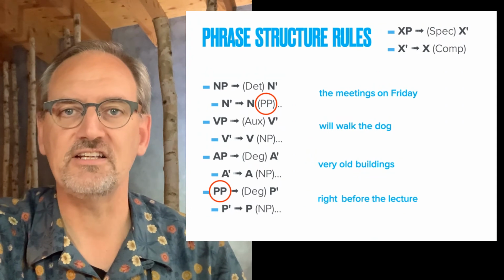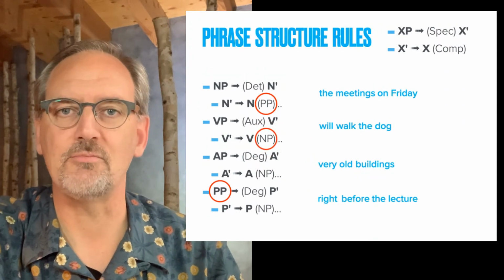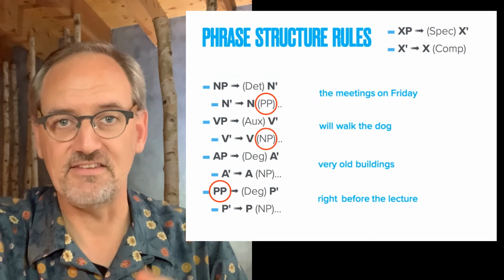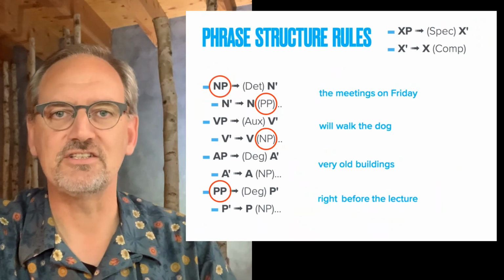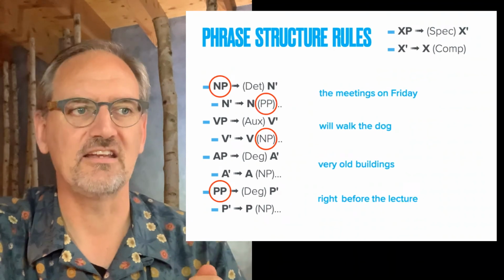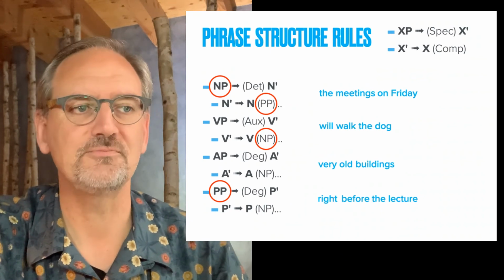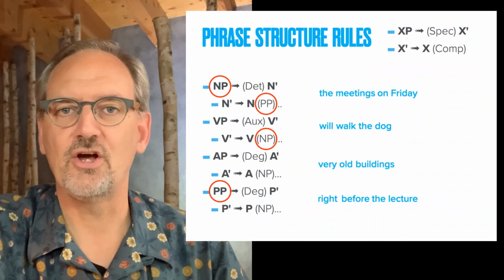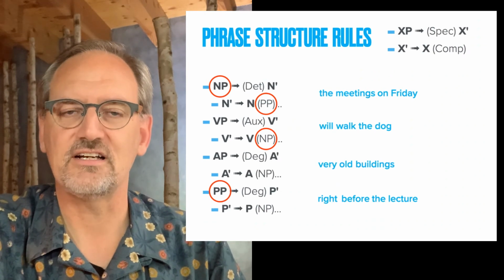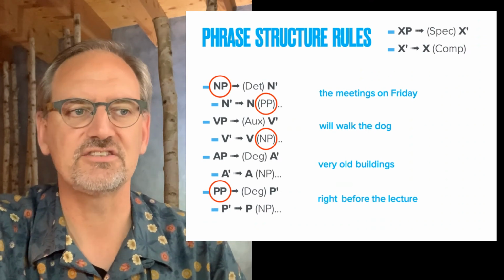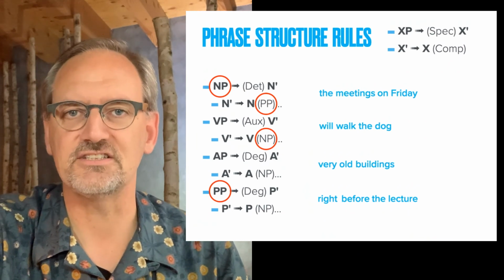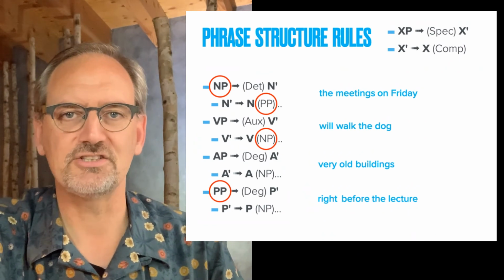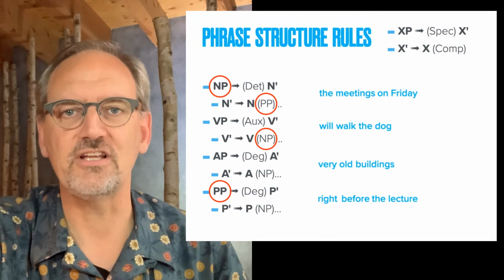Or a verb phrase might have a noun phrase as a complement. And then that noun phrase that is the complement would then in turn have its own N bar and head noun. So you can see that we can develop quite sophisticated sentence structures through this property of sentences, which is not limited to English. It's a property of sentences in all languages.